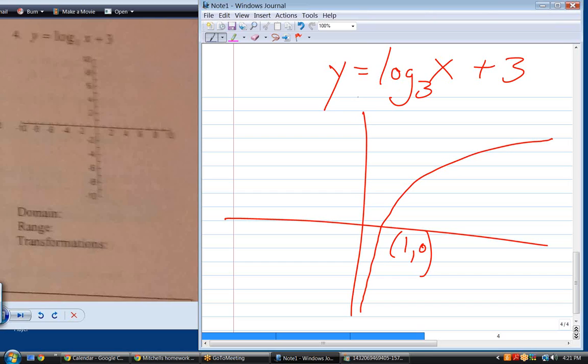So our transformed function is going to go through what point? (1, 3). You're correct. Excuse me. I was incorrect thinking about it. (1, 3). And it's going to look like this.